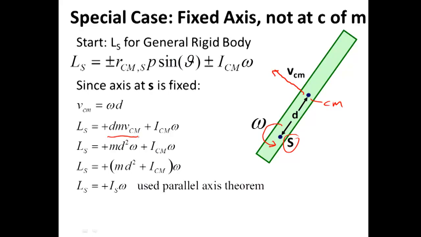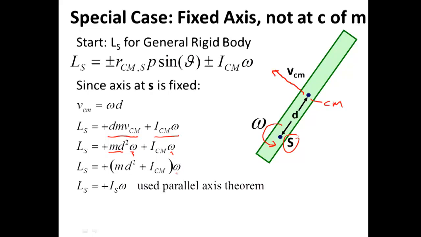This term here is from the motion of the mass at the center of mass, plus I center of mass times omega. Now, if we put the value in for the velocity, then we see that the velocity is omega times d, and now we get this m d squared times omega, and now everything is proportional to omega.